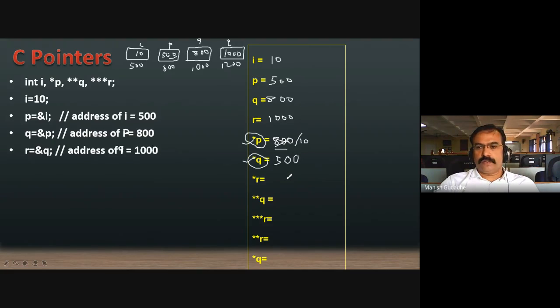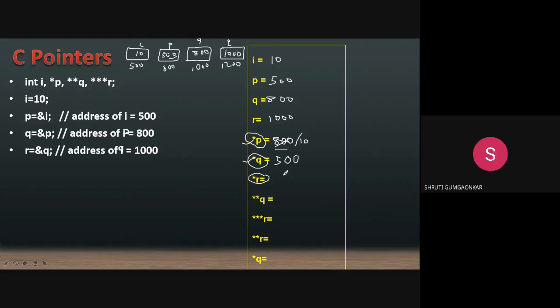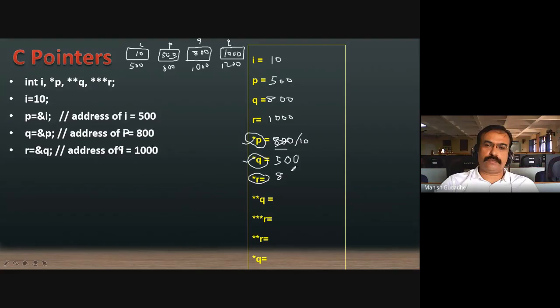Absolutely right. So I'll get the answer from Shruti Gungavkar. What is the answer for this? It is 800. It's also quite simple. Value of R is 1000 and value at 1000 is 800.